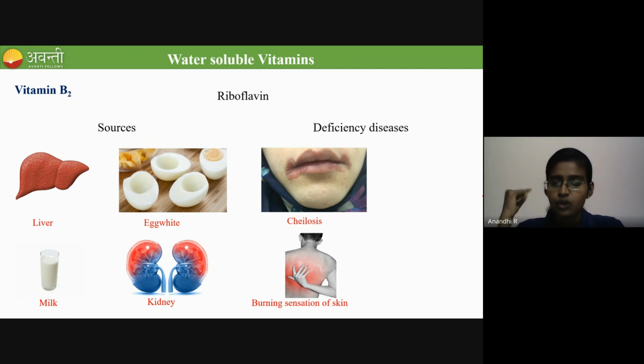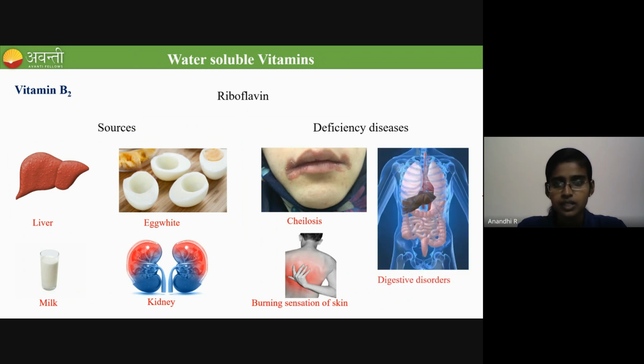So daily you all eat egg and drink milk, and eat green leafy vegetables. These three are very important for your diet. Yeah, one more thing: you will get digestion problems if you are lacking vitamin B2. Shall I go with the next vitamin?